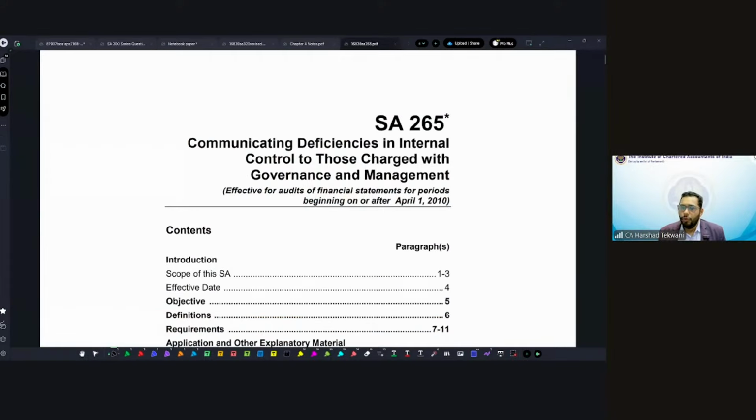Okay. So we now need to understand SA 265, which is very important: Communicating deficiencies in internal control to those charged with governance and management. When we talk about this standard, we need to understand a few things first. Number one, deficiencies. What is a deficiency in internal control? Can anyone explain the term deficiency over here?